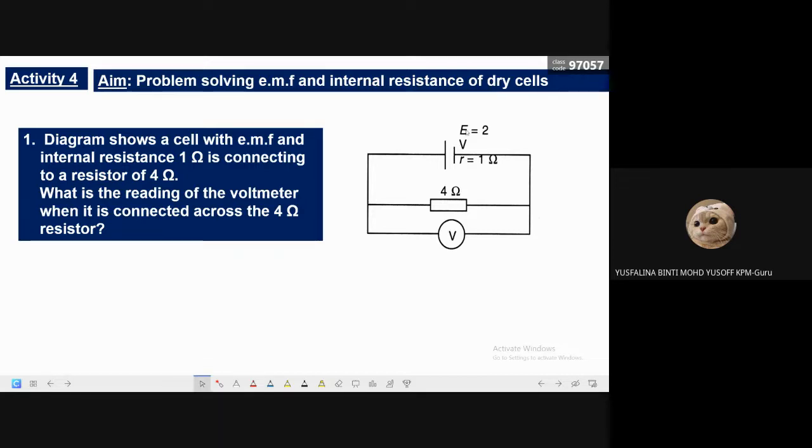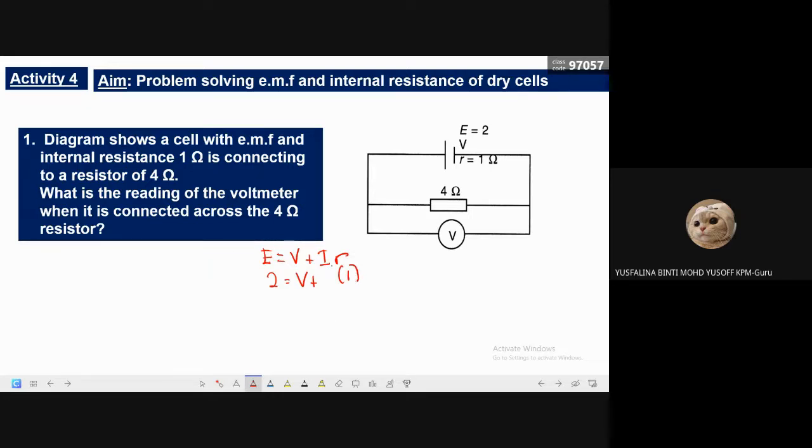They give you the E already, so we use the formula E equals V plus Ir. They give you E is 2, and you need to find V here. And the internal resistance, they give you 1 ohm.